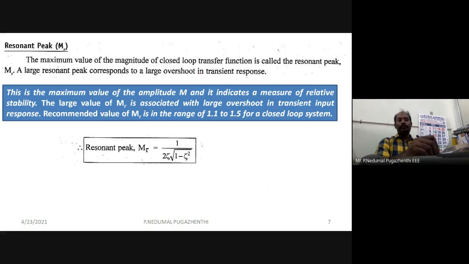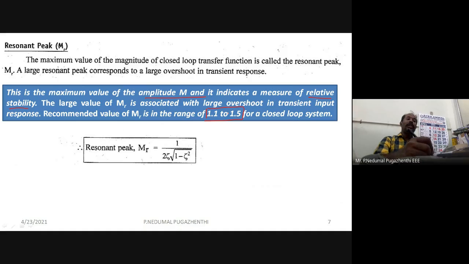This is the maximum value of the amplitude M, and it indicates the measure of relative stability, how far the system is relatively stable for the given input. A large value of MR is associated with a large overshoot in the transient response. The recommended value of MR is between 1.1 and 1.5 for any closed loop system.